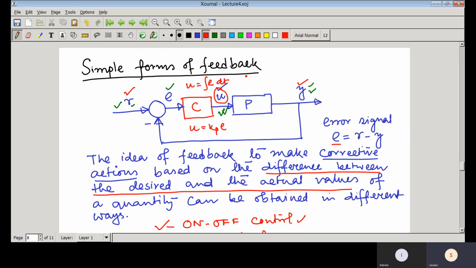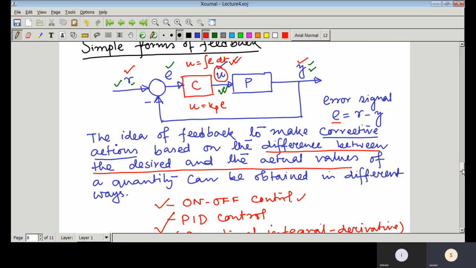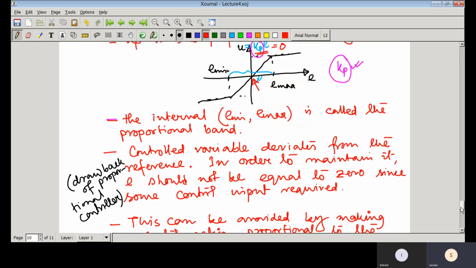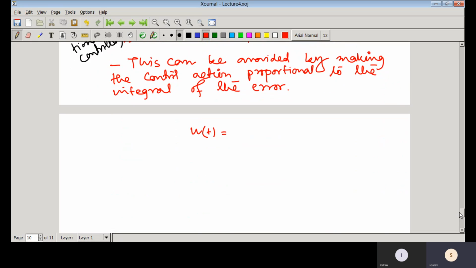But in case of integral control, this control is called integral control as integration is involved. The control input is generated as the integral of the error signal. So I hope you understand. That means different types of control algorithms can be applied to achieve some sort of performance. Here we are just discussing the tracking performance.